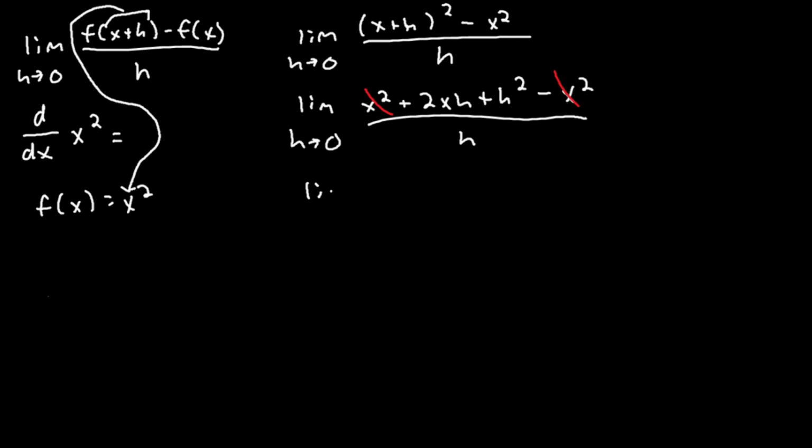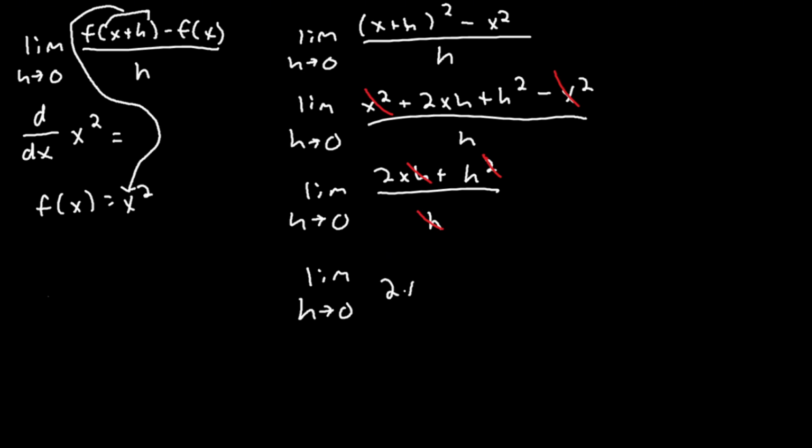The limit now becomes something that is quite solvable. We can actually factor out the h and cross out these terms. And we get left with the limit as h approaches 0 of 2x plus h. But when we plug in 0 here, we just get left with 2x. So the general formula for the derivative of x squared is 2x.